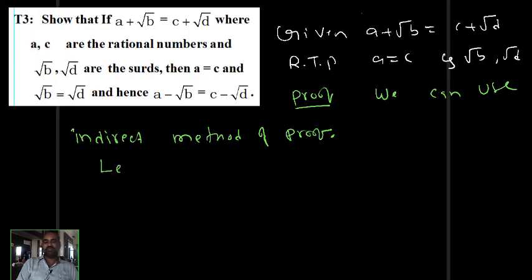Let a is not equal to c. If a is not equal to c, what is the meaning of that? a equal to something into c, or a equal to something plus c, or a equal to something minus c, or a equal to something by c.